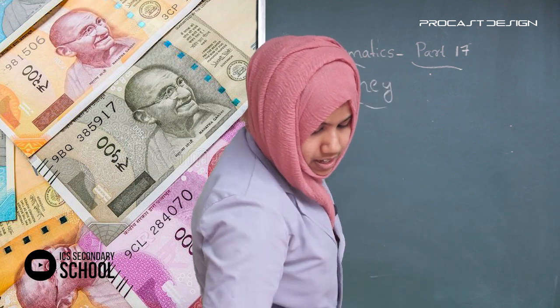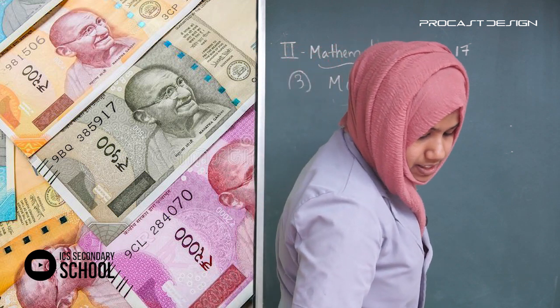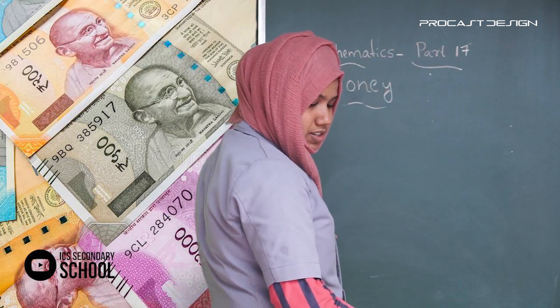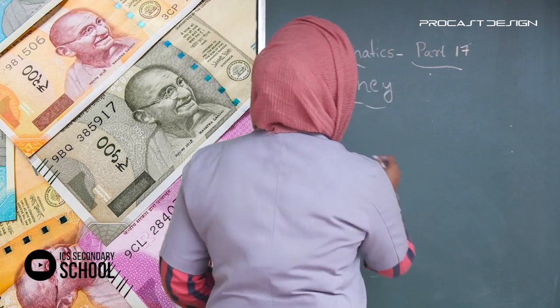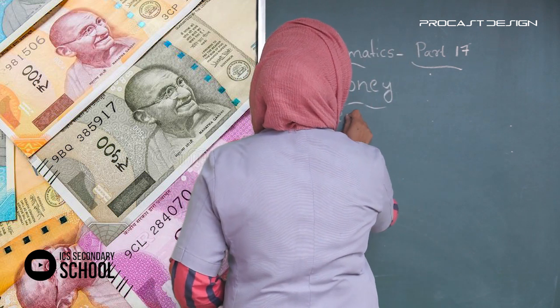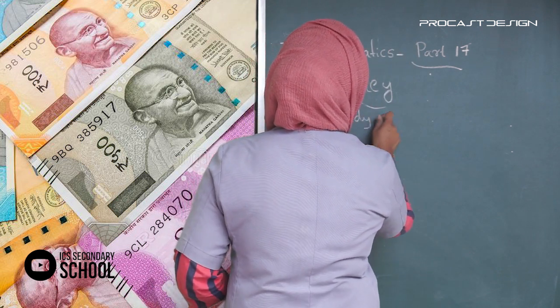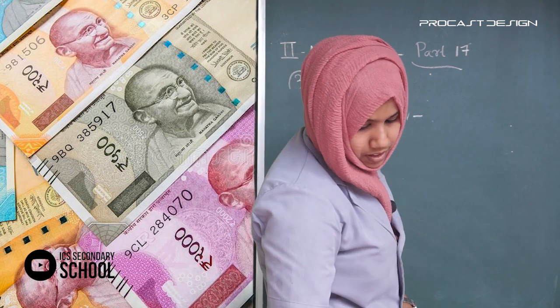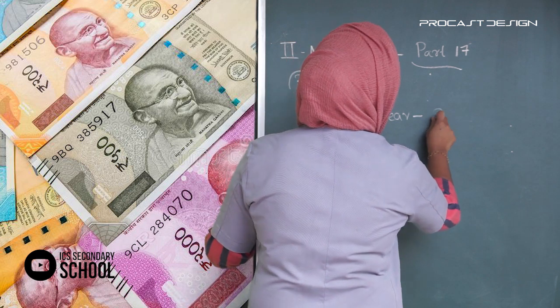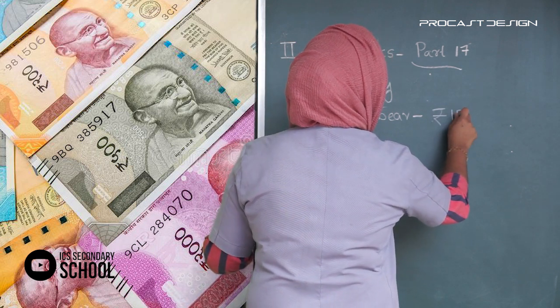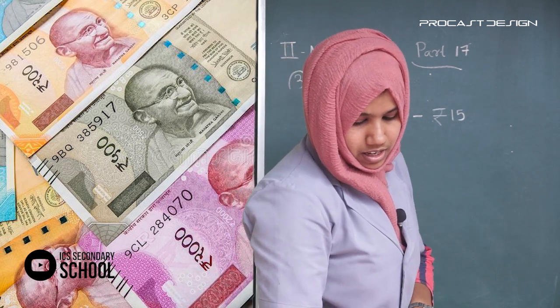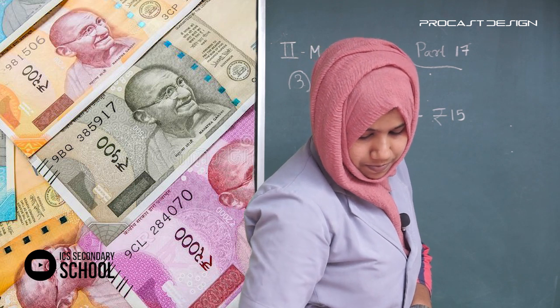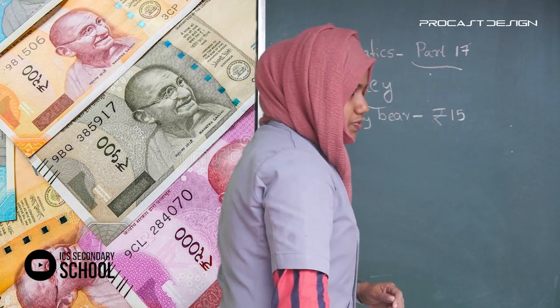First, write the price. Teddy bear, 15 rupees. Helicopter, 42.